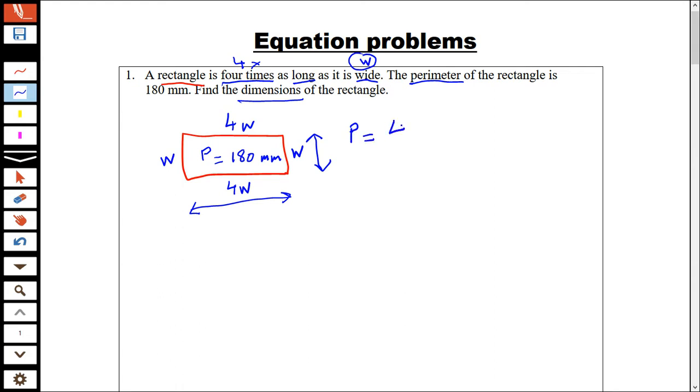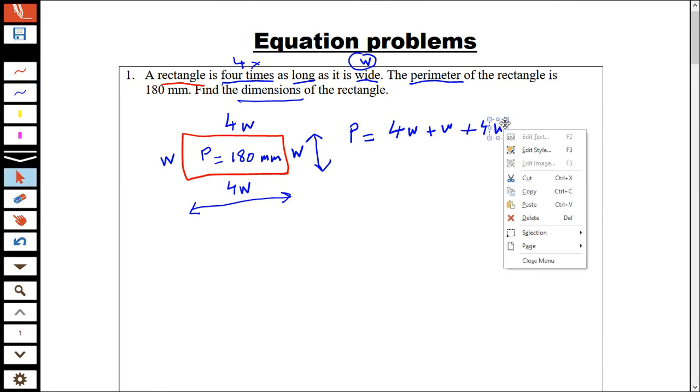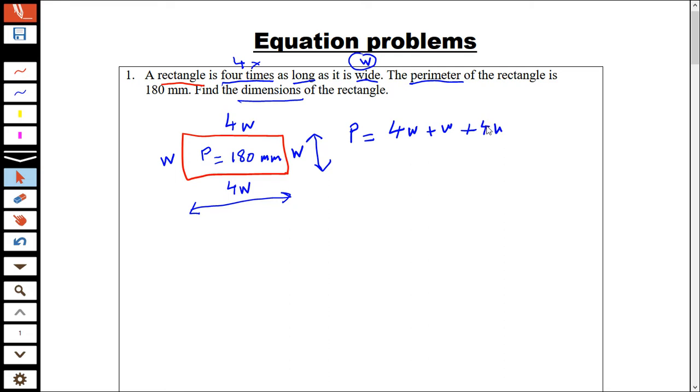So I'm going to get 4W plus W plus 4W, oops, plus W. Now, it tells me the perimeter is 180 millimeters, so I can write down 180 equals, now, this can be simplified. 4W plus W plus 4W plus W, that is 10W.